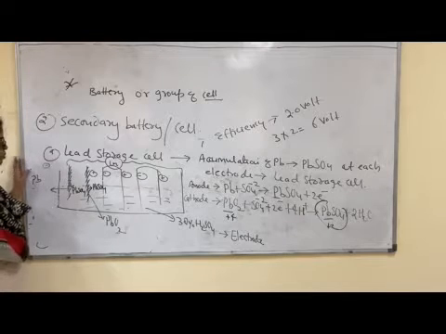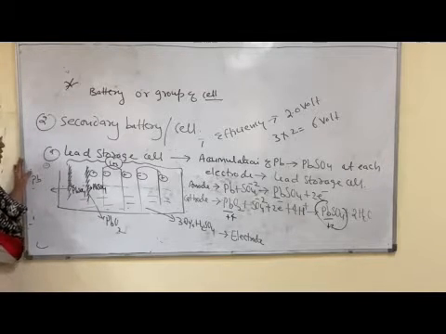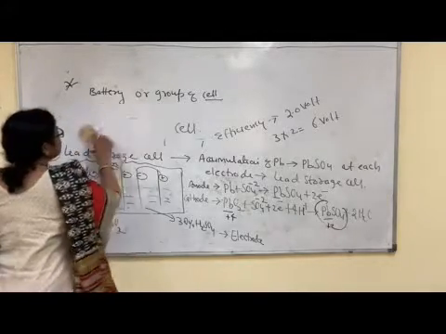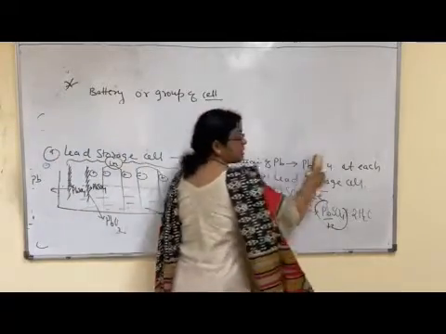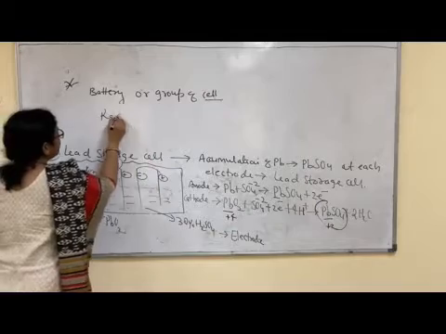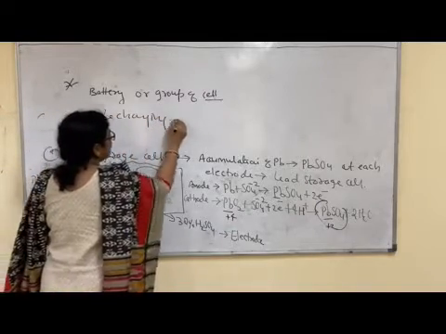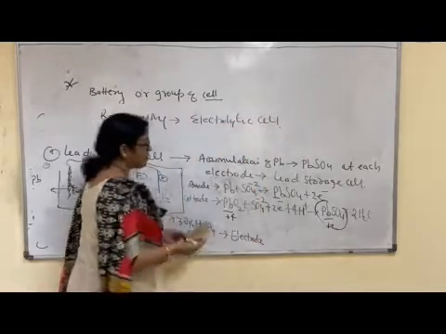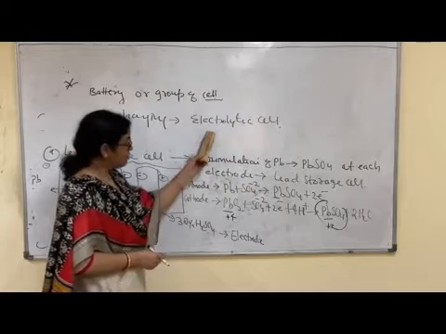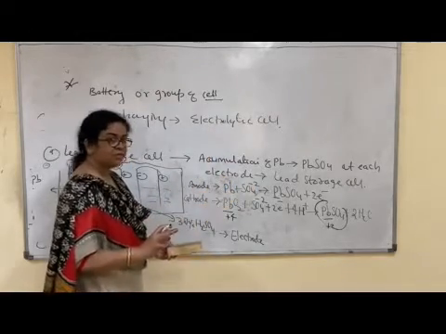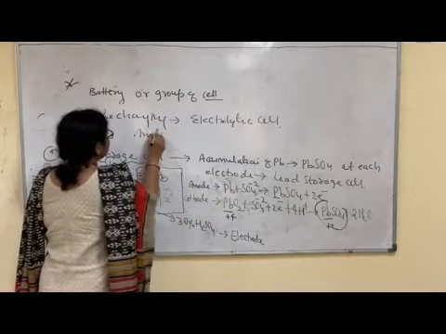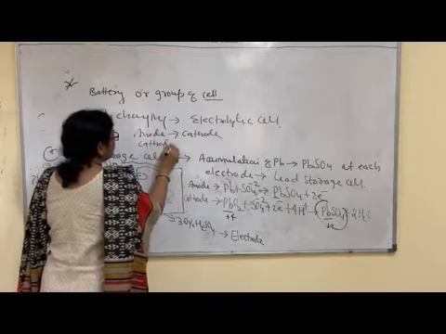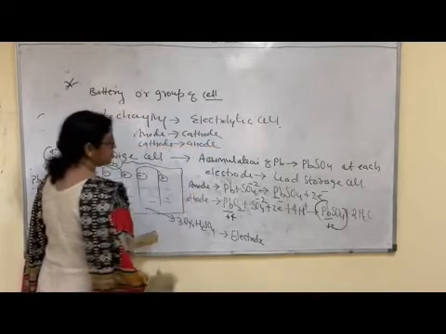When the cell becomes dead, then we can recharge it. But in the second state, the cell acts as an electrolytic cell. During recharging, like recharging of a mobile, the cell acts as an electrolytic cell. Then what happens? In the second state of this cell, the reaction is just reversed. It means the anode acts as cathode and the cathode acts as anode.